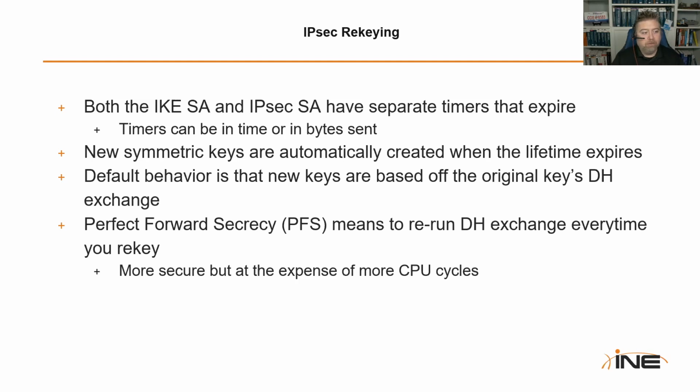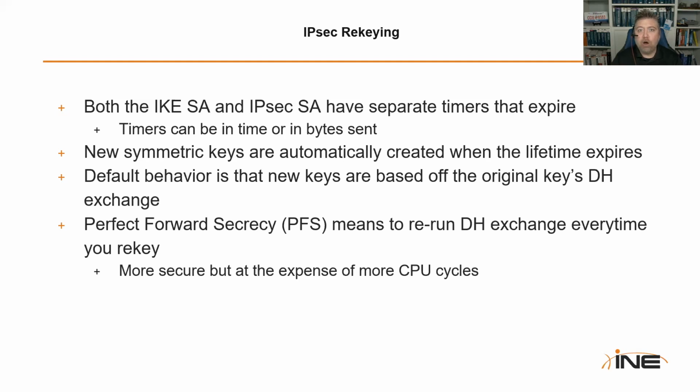Okay, if we enable the feature that's called perfect forward secrecy, this means every time we rekey, we will rerun the Diffie-Hellman exchange and we'll come up with brand new keying material. Okay, so for additional security, you would want to run perfect forward secrecy, but this is going to be at the expense of more CPU cycles.